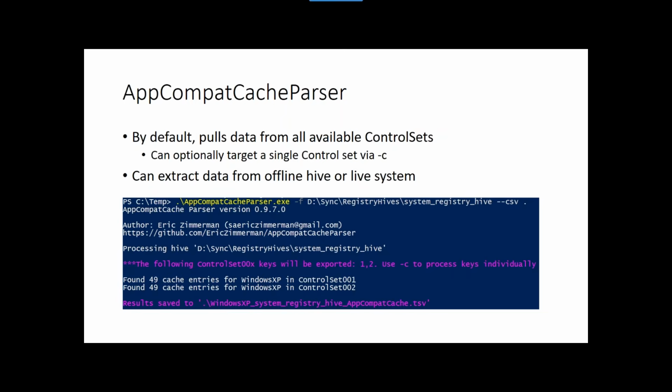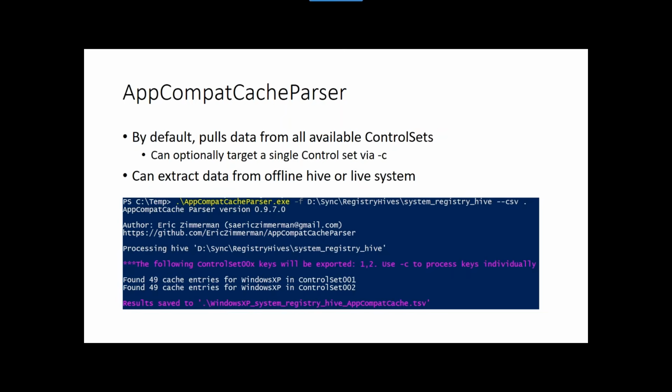-F is your path to the file, and then in this particular one we're just exporting it to CSV, and the dot just means the current working directory. So you don't have to tell it what operating system, you don't have to tell it what control sets. One thing that's different from mine than other parsers is it will go through and look for all control sets that exist in the hive, and then it will export all of them out.